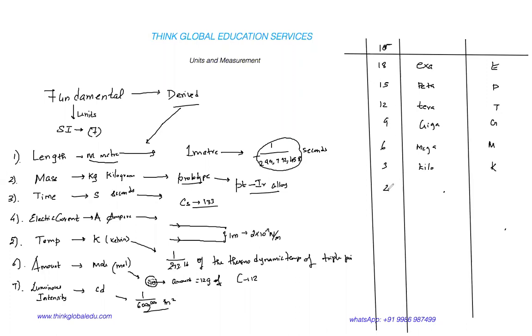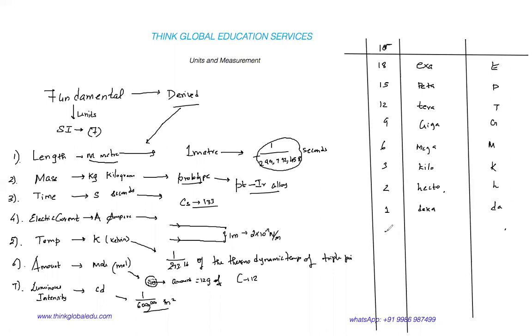Then 2 is hecto, H-E-C-T-O, which is represented by small h. And 1 is deca, that is 10, which is represented by da. We will normally multiply the 10 and write it as a rounded quantity.